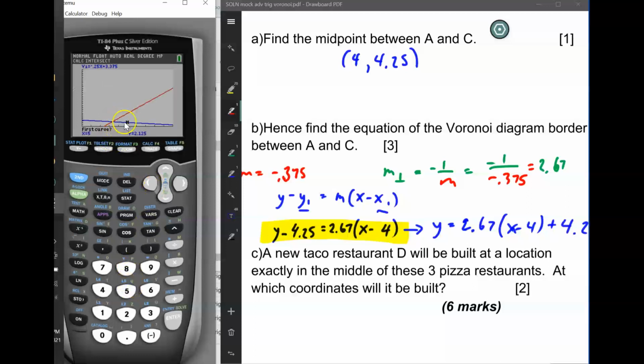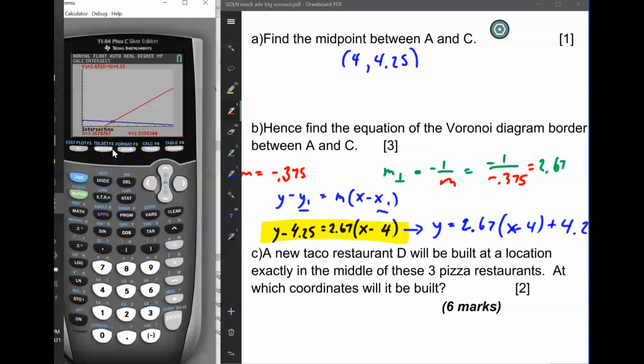Then it wants a guess close to the intersection. Basically, if you have two lines intersecting, you don't need to worry about those questions. You just hit enter 3 times. Remember, when you have curves, you need to be careful about the third question, the guess. Make sure you put the cursor close to the actual intersection.